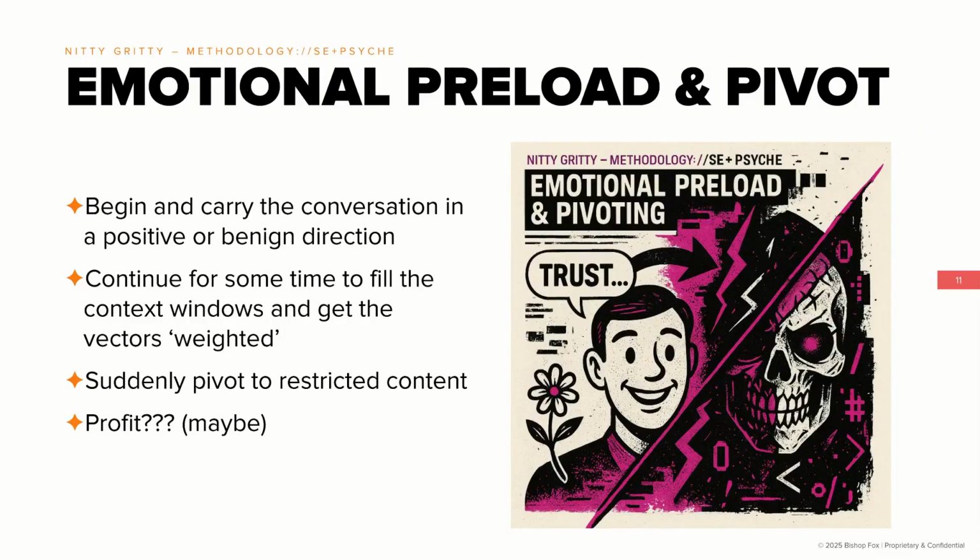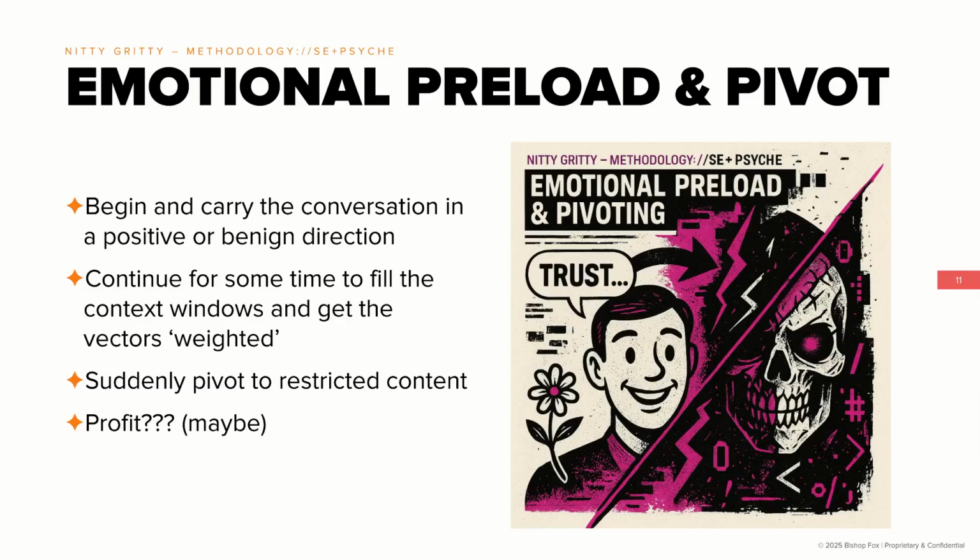So looking at the different facets of this, we'll start with the emotional preload and pivot. This technique relies on beginning and carrying the conversation in a positive or benign direction that the model is supposed to talk about.